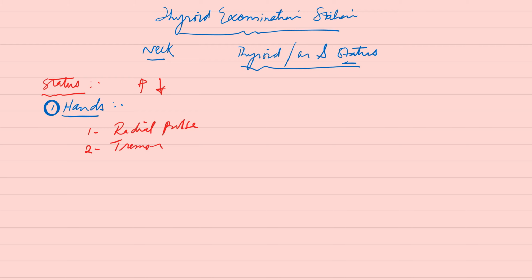So for the radial pulse, if the patient is hyper, you are going to find the patient tachycardic, and there will be a large volume. If he is hypo, you will find the opposite.